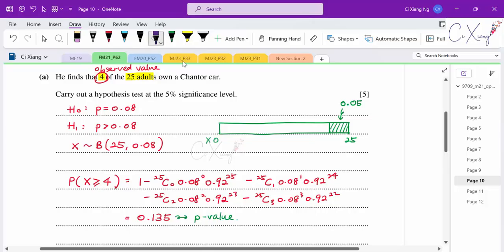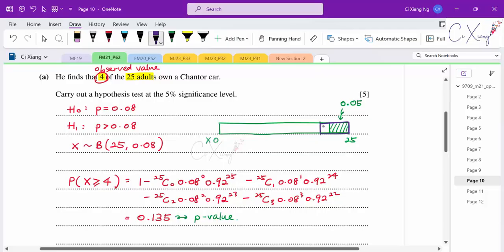If you observe from here, 0.135 is the area larger than 0.05. That means the area should be this purple color part, larger than 0.05. So this purple color part is actually 0.135.